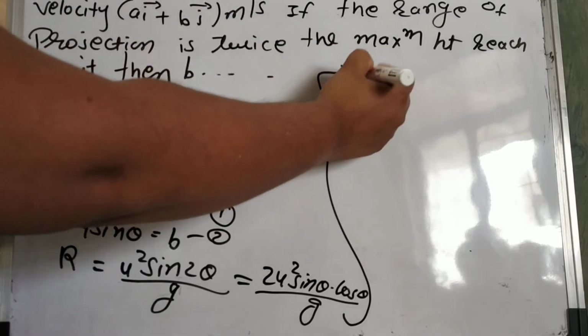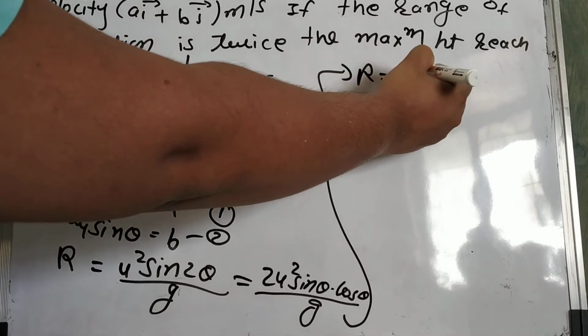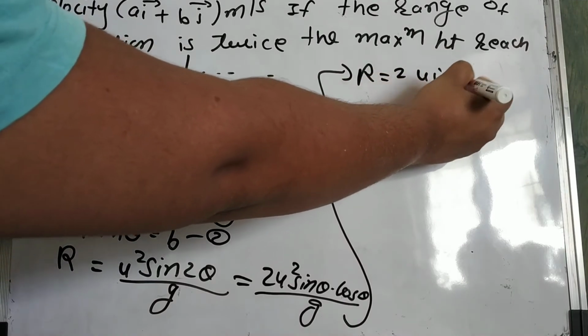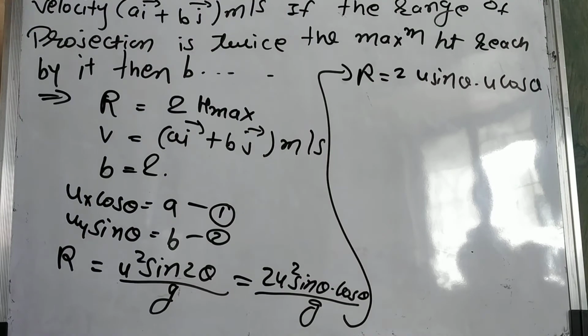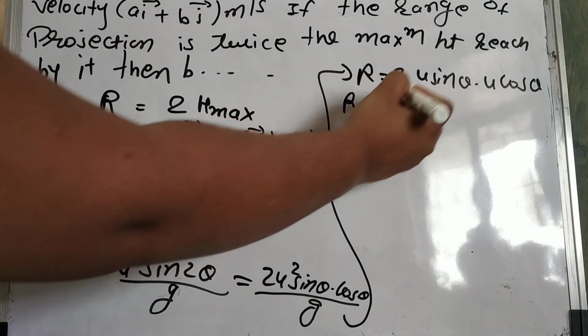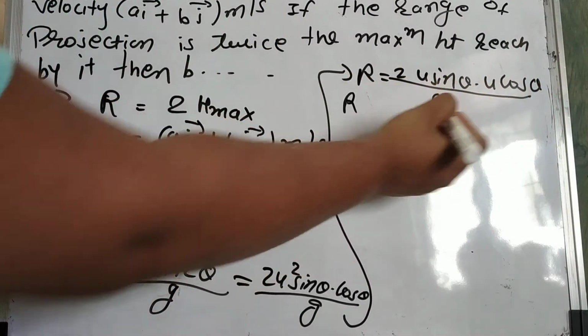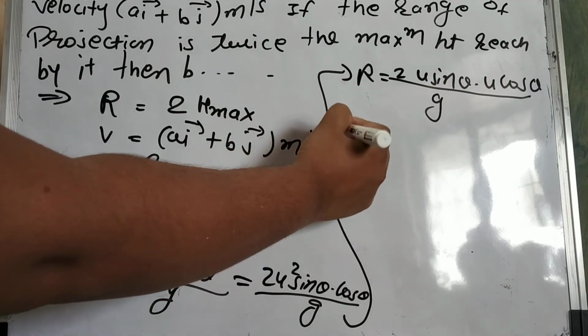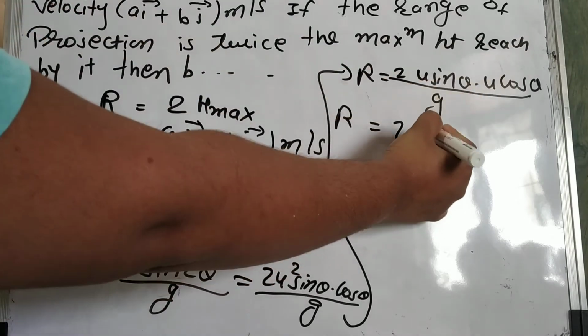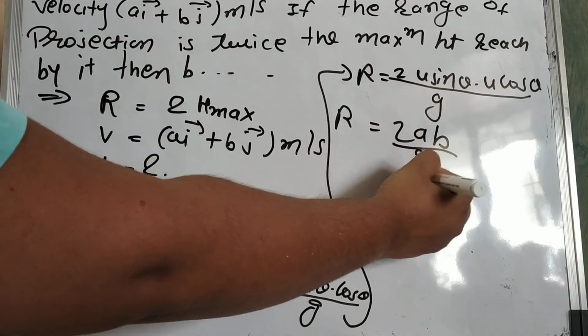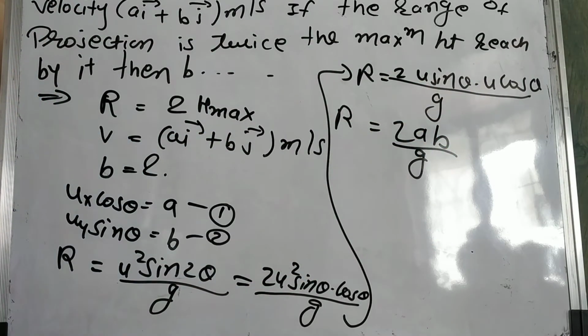Okay, R is equal to 2 u sin theta multiplied by u cos theta, divided by g. Therefore R is equal to 2, u sin theta is nothing but b and u cos theta is a, therefore 2ab divided by g.